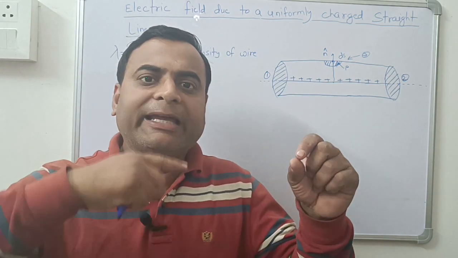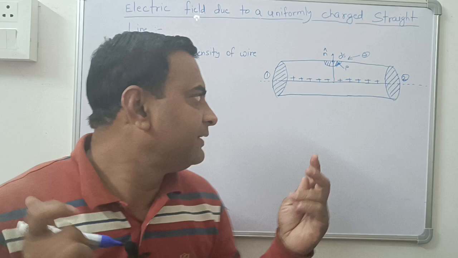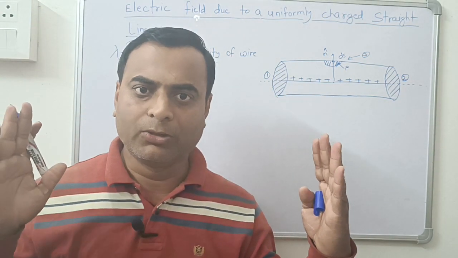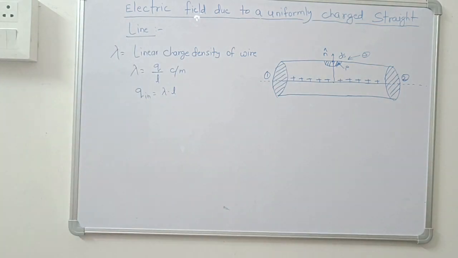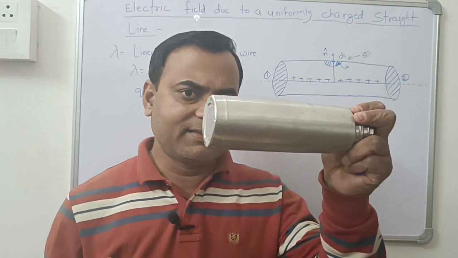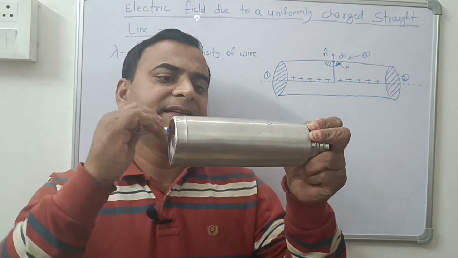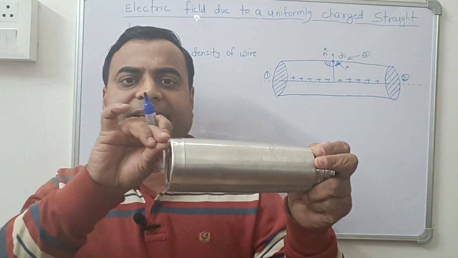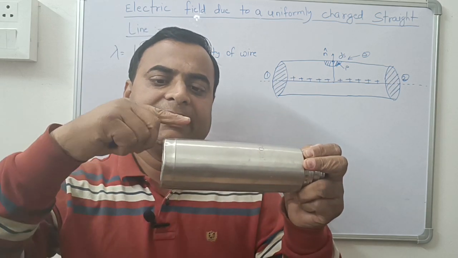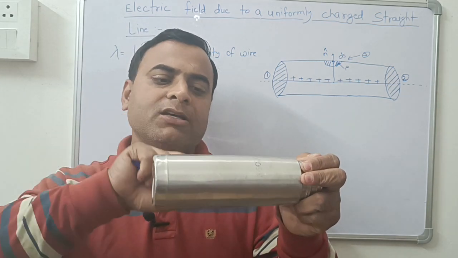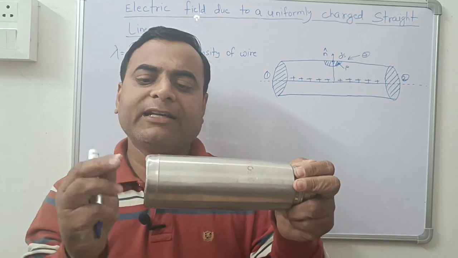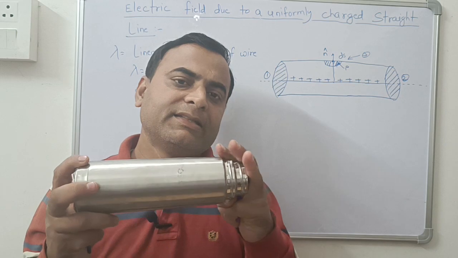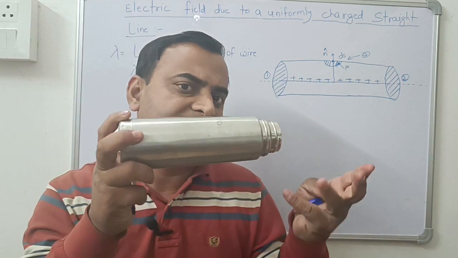It will look like a cylinder, and this part will be your cross sectional area. Suppose this is the cylinder, and inside this there is an infinitely long straight wire, and this is the Gaussian surface. This is the cylindrical view, this is cross sectional, and this will also be cross sectional, you can just imagine.